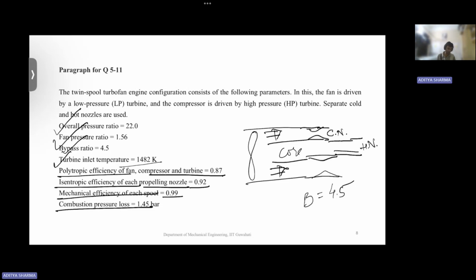So I hope you remember in combustion we have pressure loss, and in this diagram we could show it this way. This is your compression, this is your combustion, and this pressure loss, delta P.